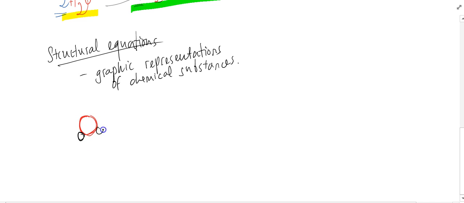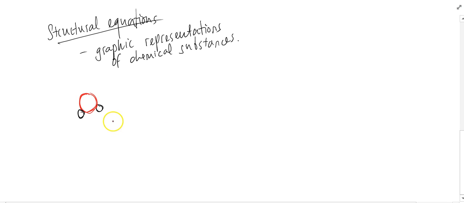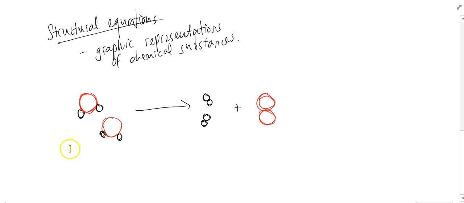This is what H2O looks like. We've got a big oxygen atom and two smaller hydrogen atoms. There are two water molecules that we start off with. We have the reaction arrow between them. And we have our products. We've got two hydrogen molecules and an oxygen molecule.